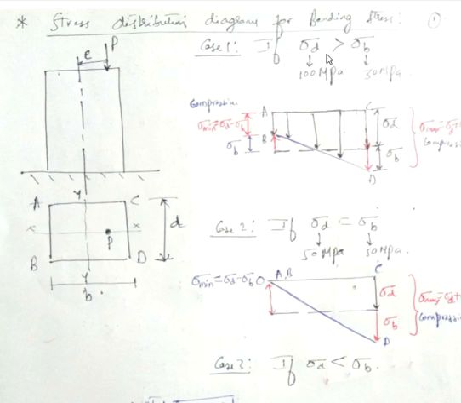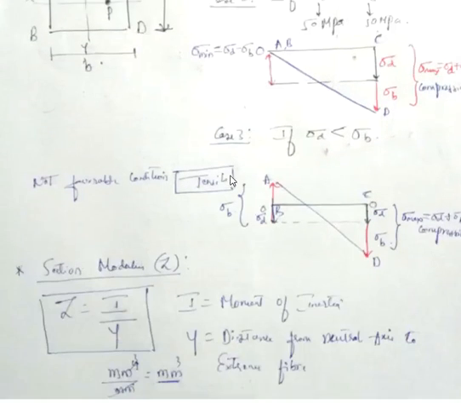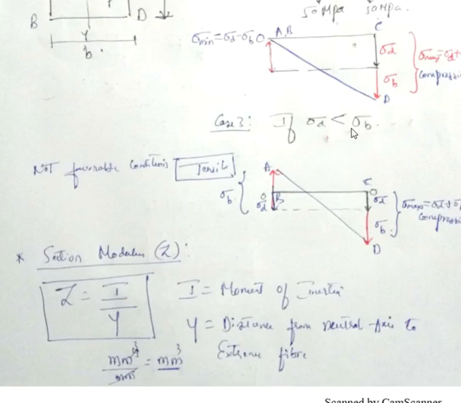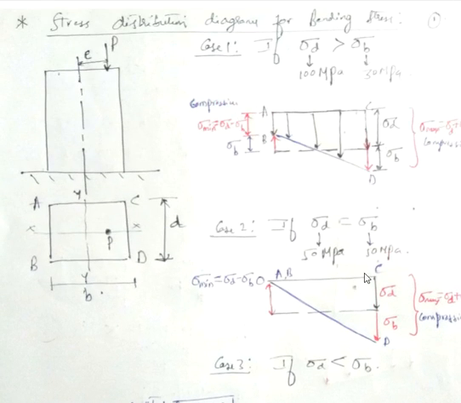When direct stress is greater or equal to bending stress, there will be no tensile stress induced in the column, even if the column is bent. But when direct stress is less than bending stress, there will be tensile stress induced in the column, which is a bad condition when we are designing any column. So for designing a safe column, we need to consider this condition, that is direct stress is greater than or equal to bending stress.